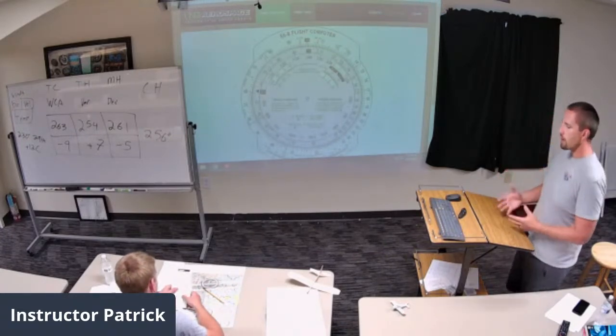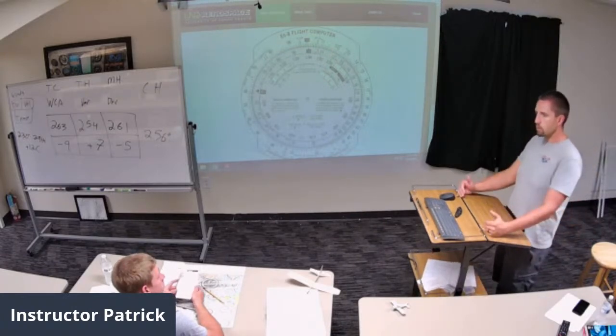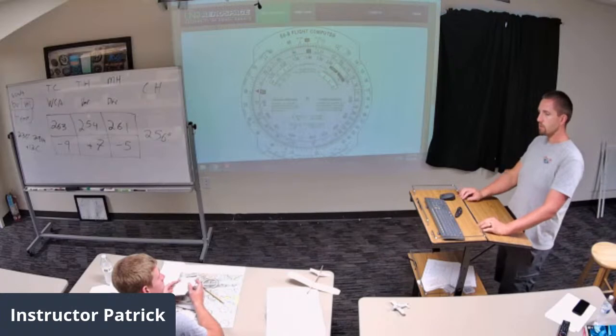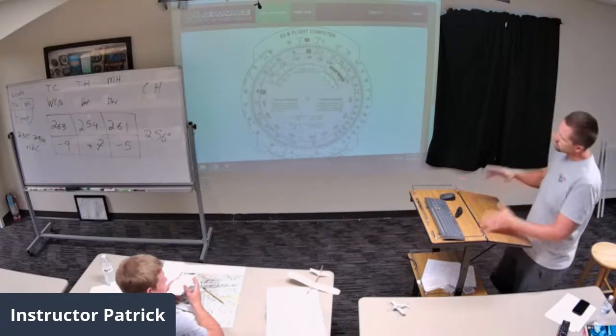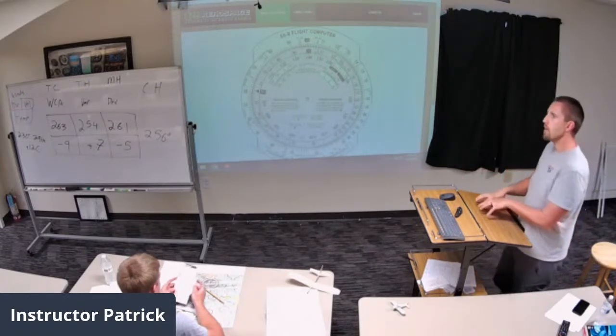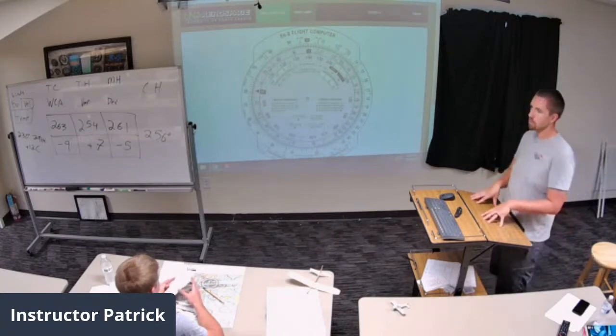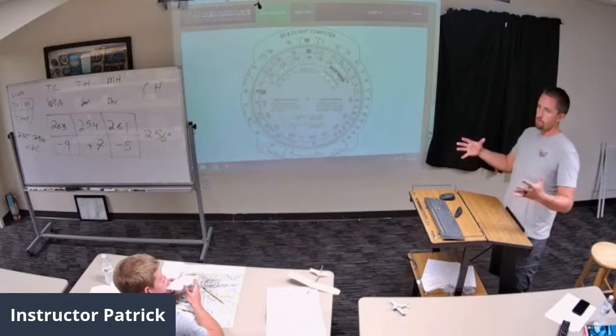kind of big picture. If you're traveling 60 miles an hour, how long will it take you to travel 60 miles? 1 hour, right? Okay, so now let's change that slightly. If we are traveling 60 miles an hour and we are traveling 90 miles, how long will that take? Hour and a half.